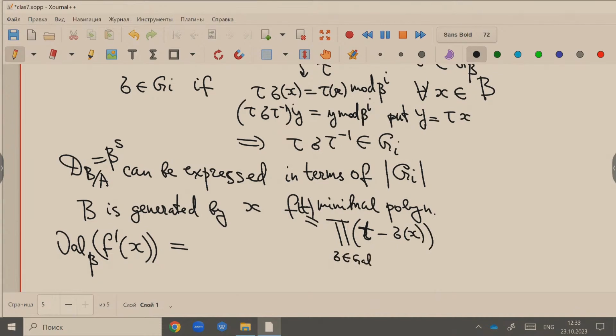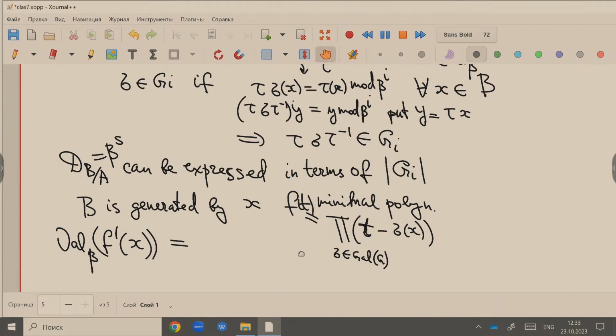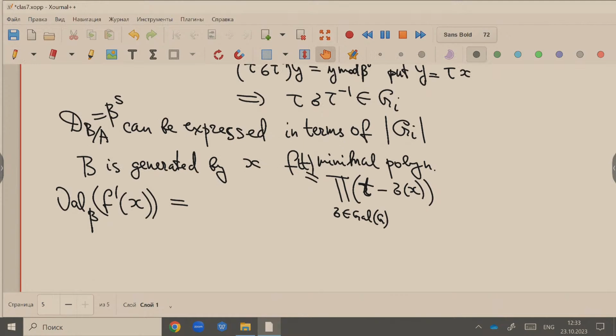And in our specific extension, the Galois group is also the decomposition group.